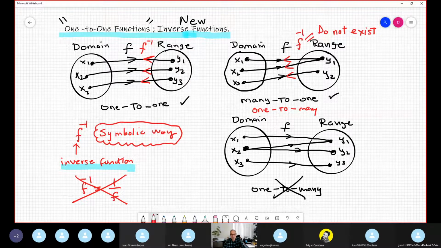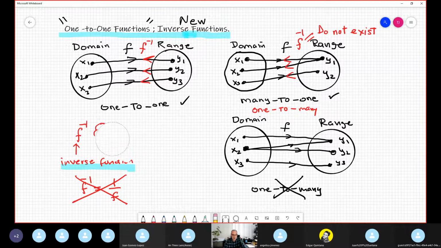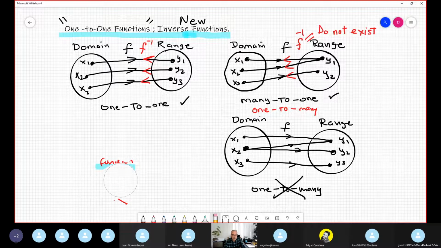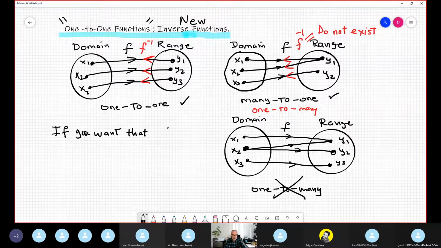Wow. So for the inverse function to exist, the most important requirement is that my function be one-to-one. If you want the inverse function to exist, the first requirement is that the original function, original f, is one-to-one. Otherwise, no.